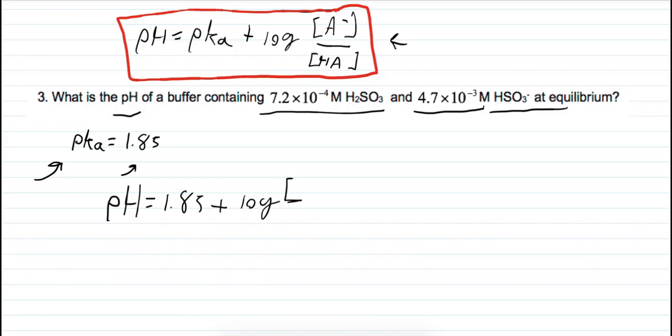And if you look here, look for the one that is more negative. This is HSO3 minus. So that means 4.7 times 10 to the negative 3 goes up top, and the acid, the more positive one, goes on bottom. 7.2 times 10 to the negative 4.